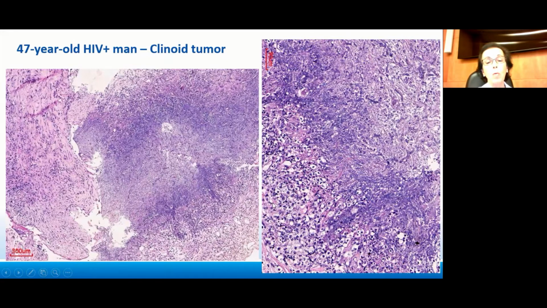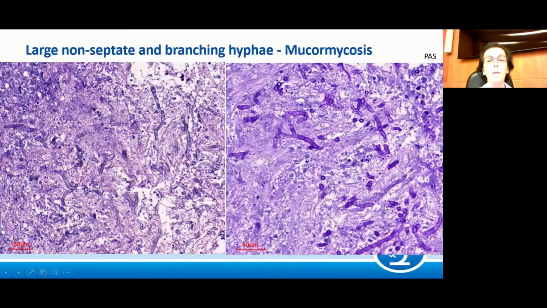Getting closer, we saw inflammation, some neutrophils, polymorphonuclear cells, and in this basophilic area, it was full of large non-septate and branching hyphae, which are typical of mucormycosis. So these are with HE and with PAS. This occurs in immunodeficient patients, very common in diabetic patients as well, in the base of the brain, close to the olfactory region.